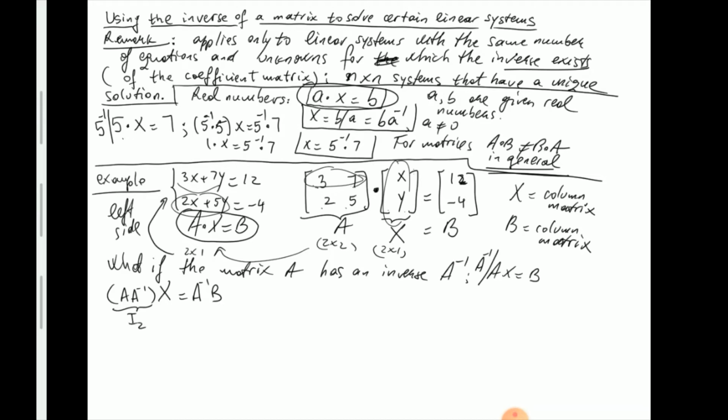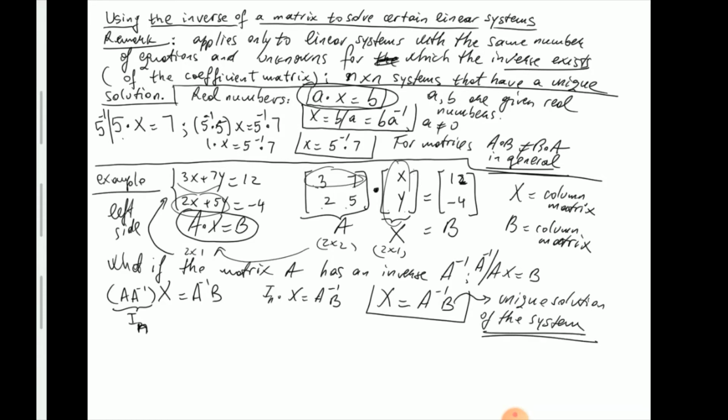In our case, let's write A I n, because in general you have n rows and n columns. Remember, the identity matrix multiplied by any matrix leaves that matrix intact, just like the role of 1 for multiplication. So basically, A inverse times B will be the unique solution of the system.